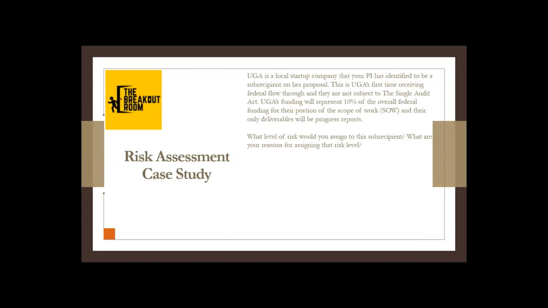A third comment: high risk, first time UGA is receiving federal flow-through funds, and there is no financial reporting to monitor that expenses are appropriate. Another comment: high risk, they are a new startup and first time receiving federal funds. And Robert commented, I would probably assess risk as high. As a startup company, they likely do not have audited financials, nor will they have a well-developed internal control structure.